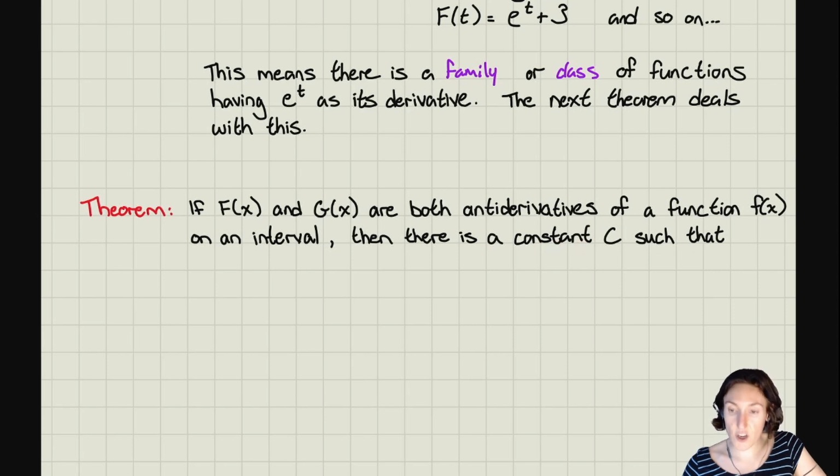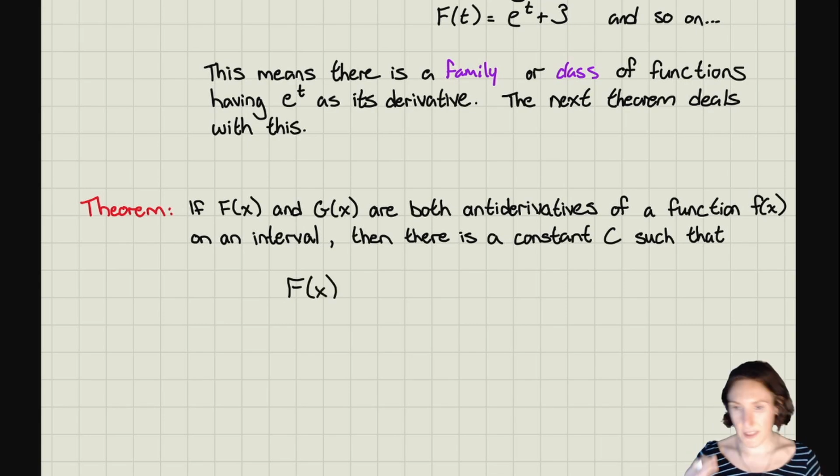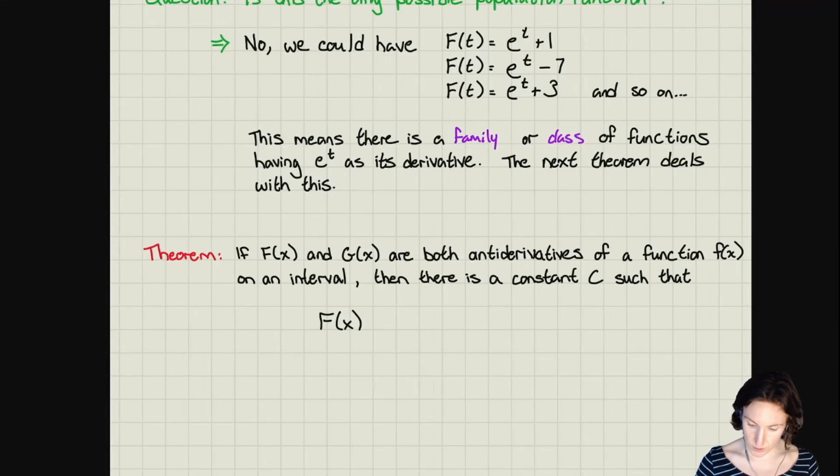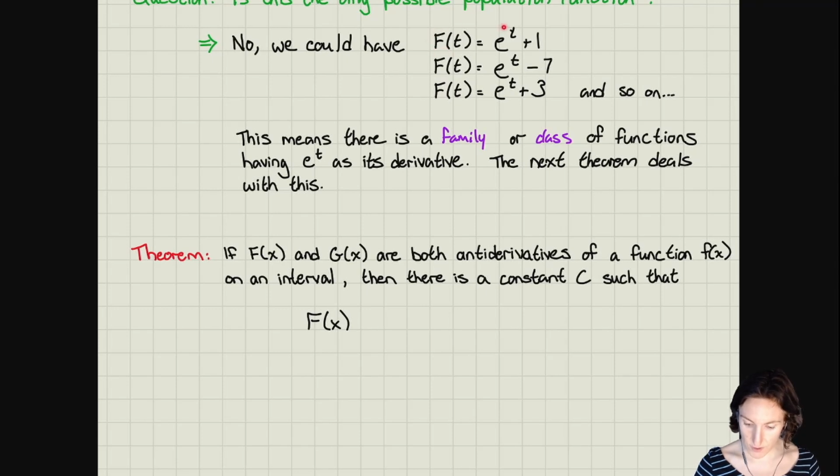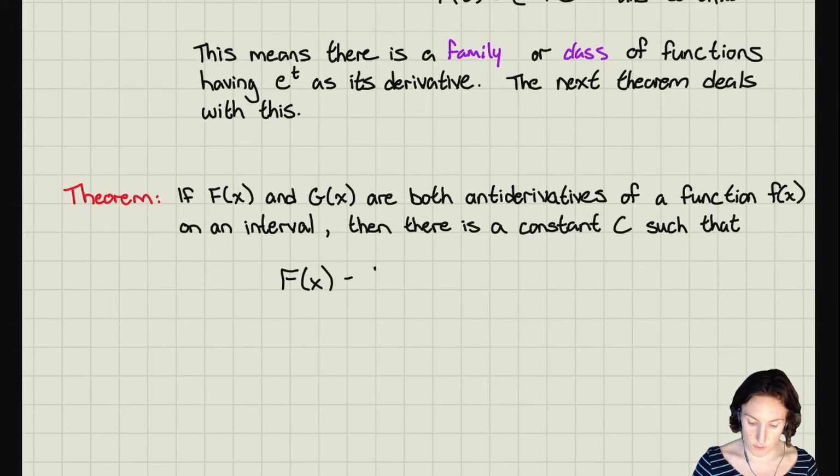Then there is a constant c such that if you subtract your two antiderivatives, the main part with x's cancels out. If I took this one and subtracted it from this one, the e to the t's would cancel, but I would be left with 1 minus 7, which is a constant. So if I subtract any two antiderivatives, their difference is some constant.